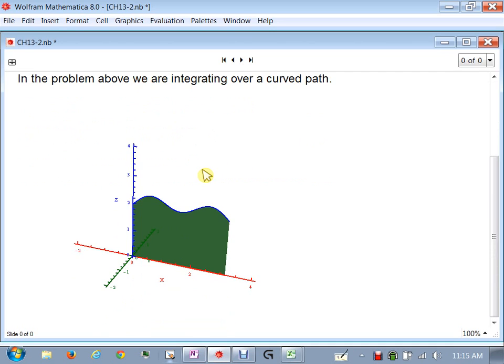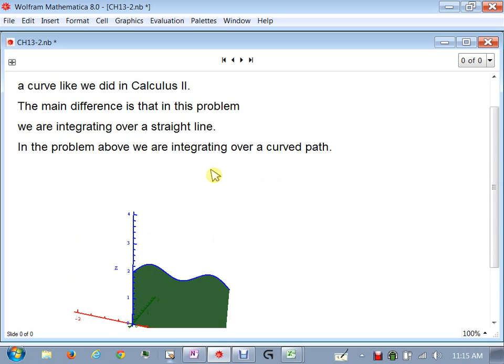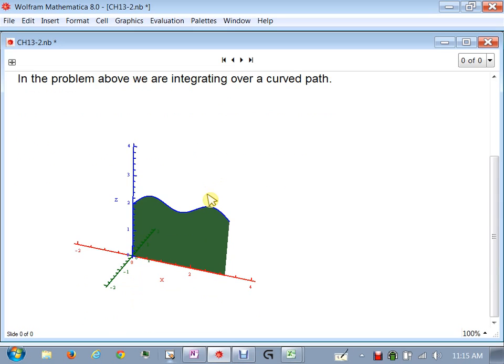So going back to Cal 2, we were on a flat sheet of paper, but we could have really imagined that we were in three-dimensional space, just not using one of the coordinate axes, so we were only using two of them. We found the area underneath this curve by doing a bunch of rectangles and adding up those areas, doing a summation.